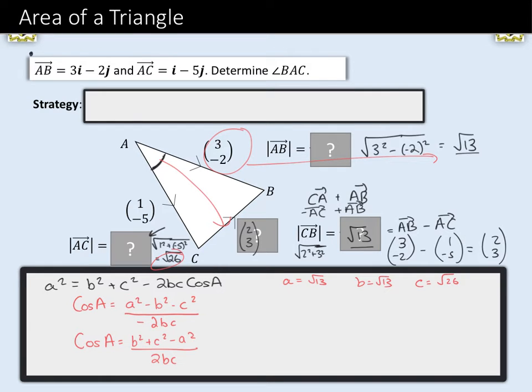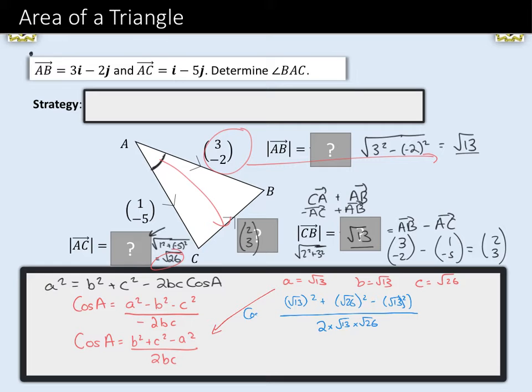So what I'm going to do now then is just to put all of that into this formula here. So I've got root 13 squared plus root 26 squared. I'm aware that you'll probably do this in your head at the top here. Minus root 13 squared, all over 2 times root 13 times by root 26.